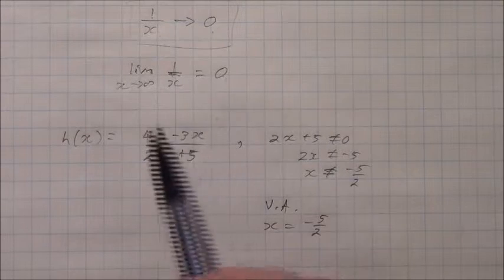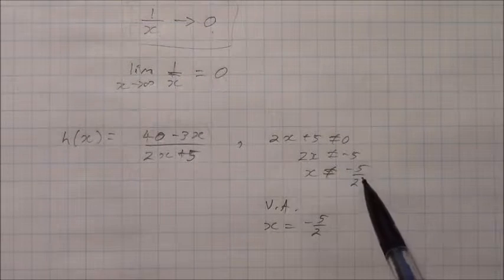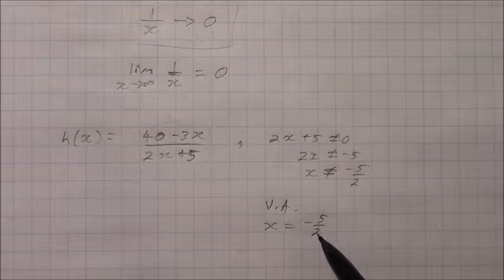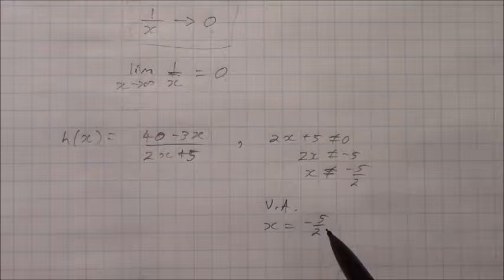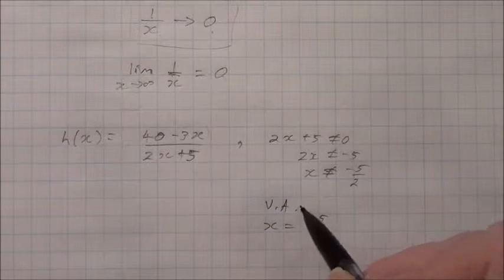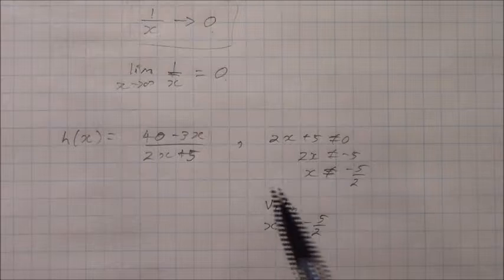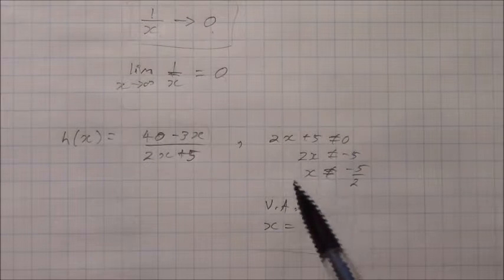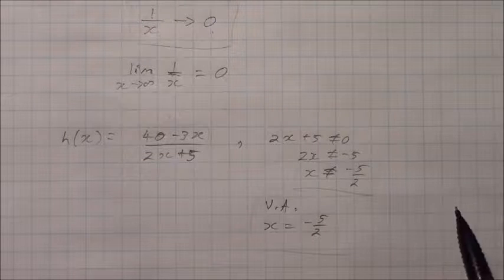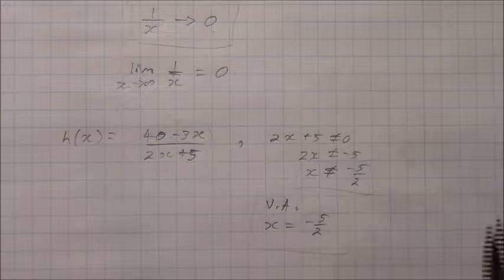Because the function itself cannot equal negative 5 over 2. So the graph will approach it on both sides of that, and approach it very, very close. So we know the vertical asymptote. We know what value x cannot equal.